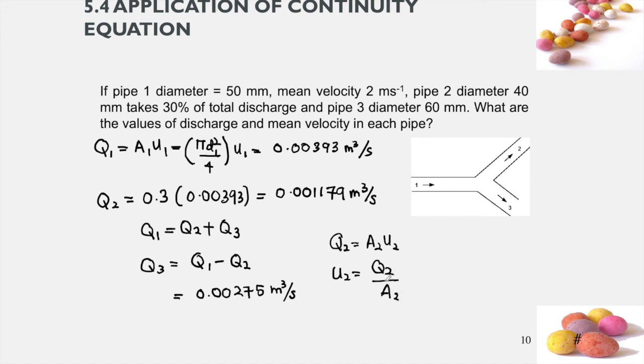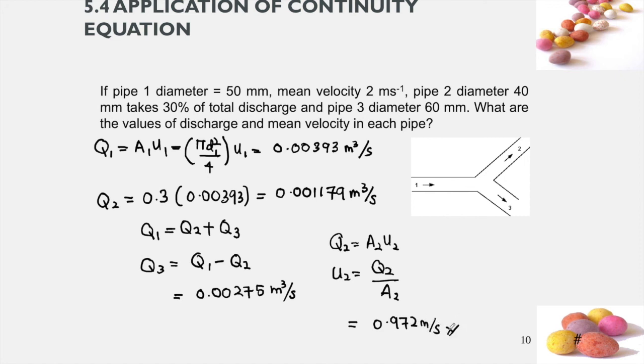Before you calculate A2, you have to change mm into meter, because this is not an SI unit, so you have to change millimeter into meter before you substitute into this equation. Therefore, from here you will get the value for U2, which is 0.972 meter per second.